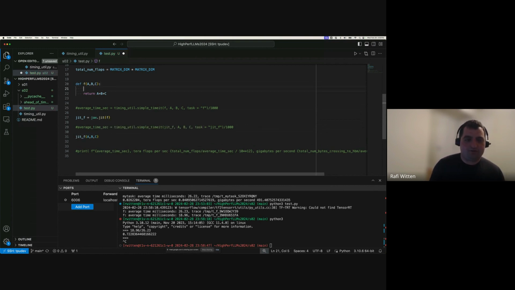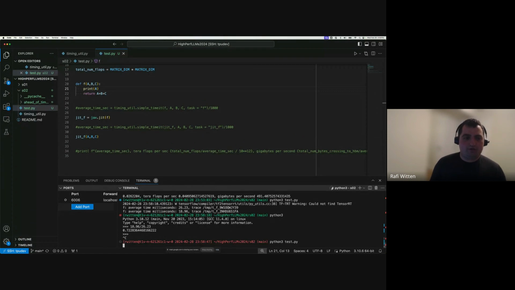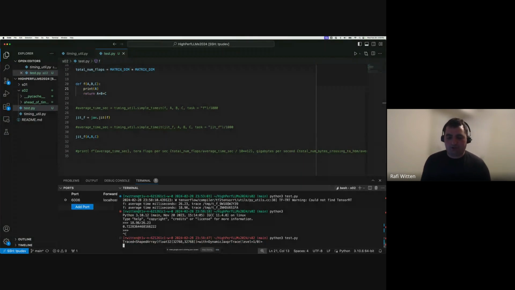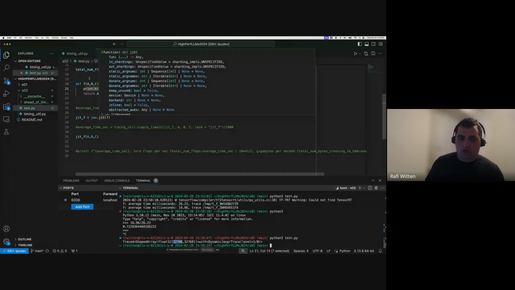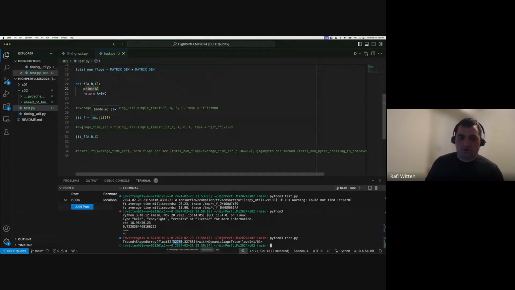If we print a, it's going to look totally different. When we run jax.jit, it is tracing the function f, and it gets this shaped array, and it can no longer print the contents of our matrix, because JAX is lazily tracing through our function, understanding the computational graph, storing it, and then compiling it. And that's really the only way to achieve performance on this workload.